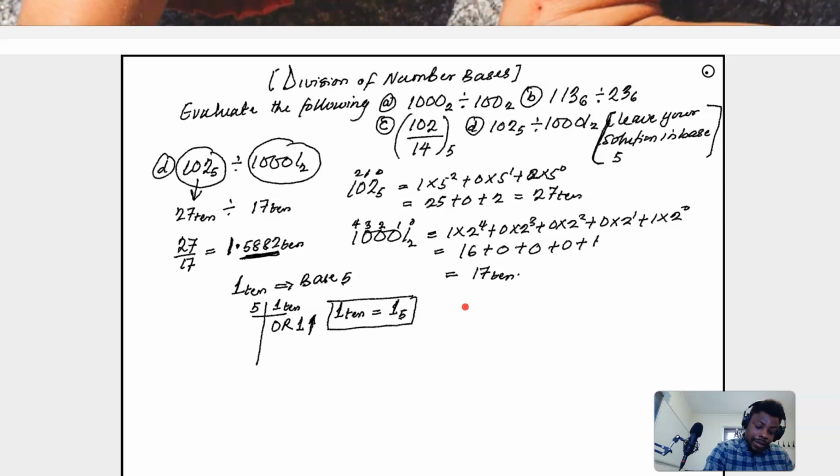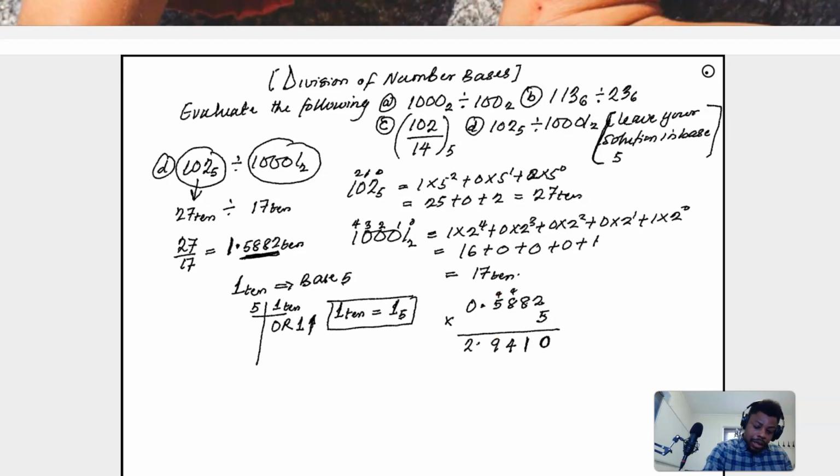Okay. Now let's deal with the fractional part, which is the decimal. That is 0.5882. We are converting it to base 5, so we multiply by 5. 5 times this is 10, remainder 1. 40 plus 1, 41, remainder 4. 40, 44, remainder 4. 5 times 5, 25, plus 4, 29.